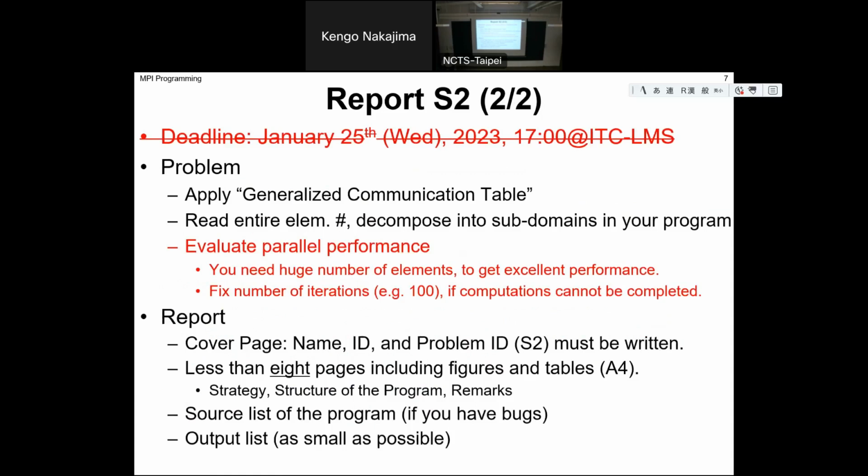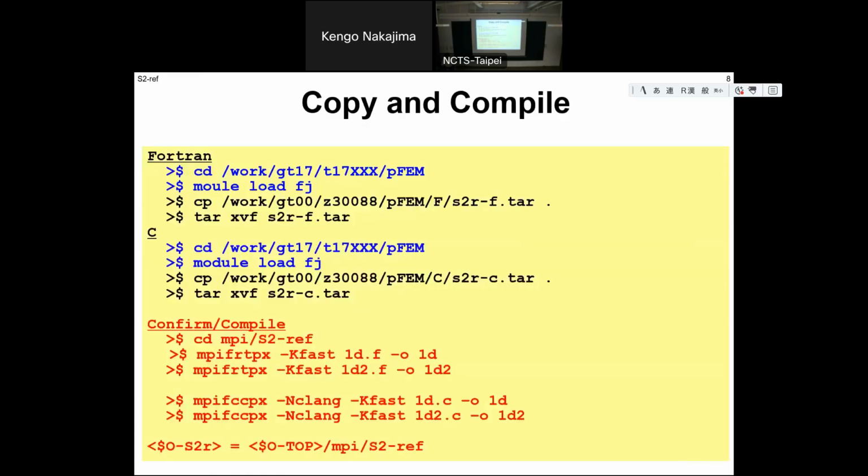So use the generalized communication table, which I mentioned yesterday afternoon. If you log into the system, you can get the sample code from this S2R-F or S2R-C, and copy it to your directory.